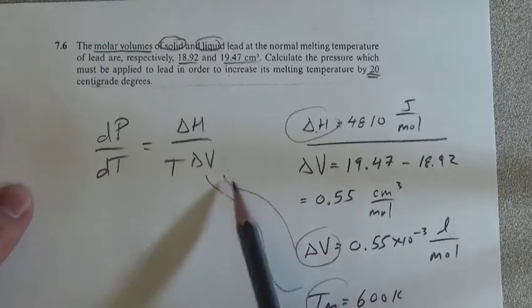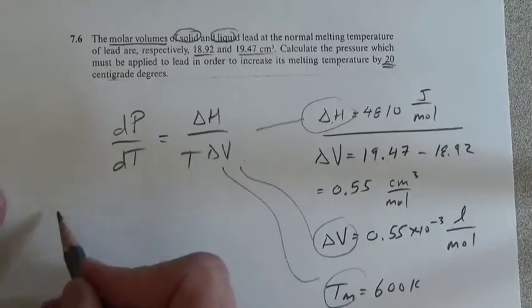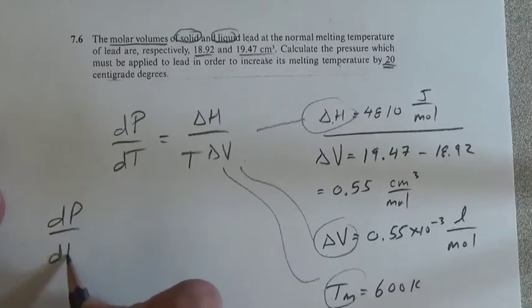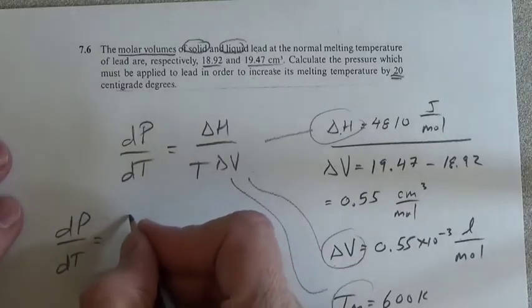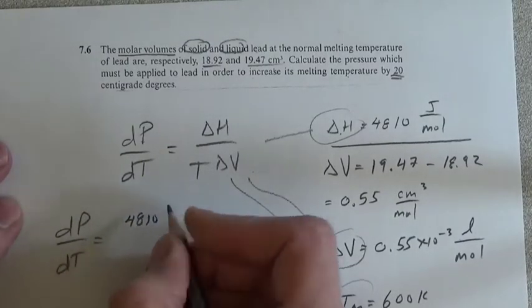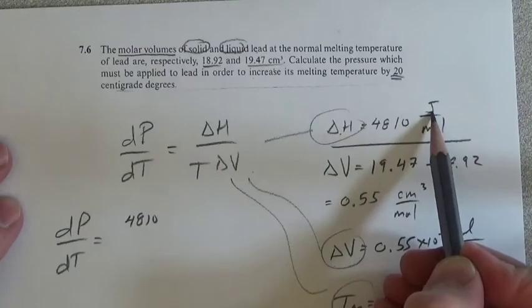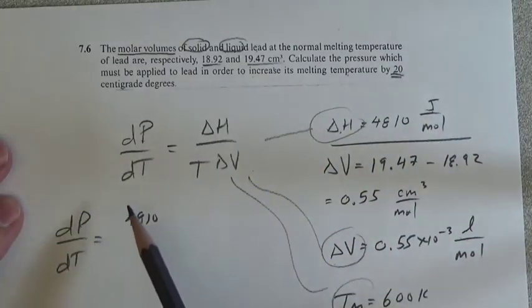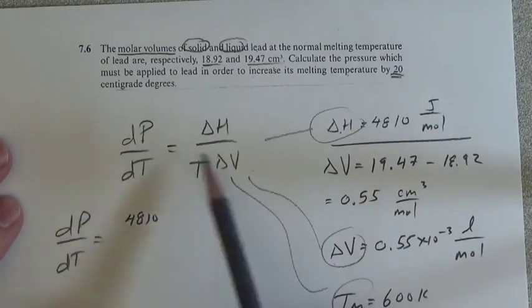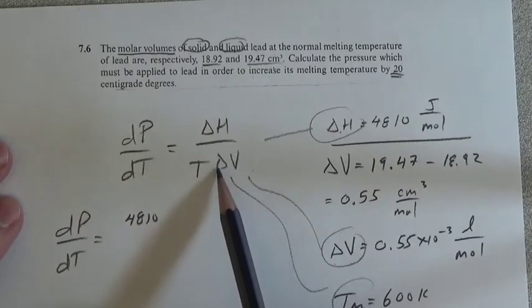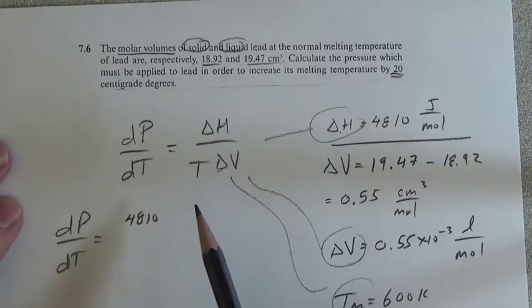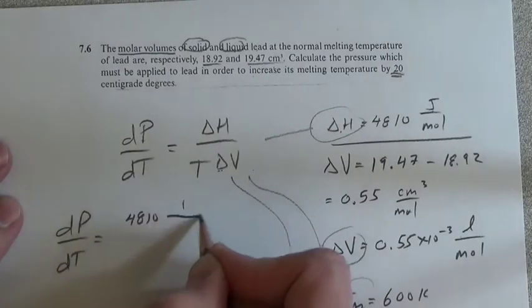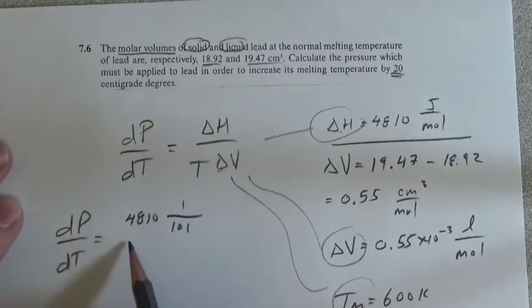So putting these in to here, we get dP by dT is equal to 4810, and look, this is joule per mole, and we're dealing with pressure and volume in terms of liters, so this has to be divided by 101 to convert from joule to liter atmosphere.